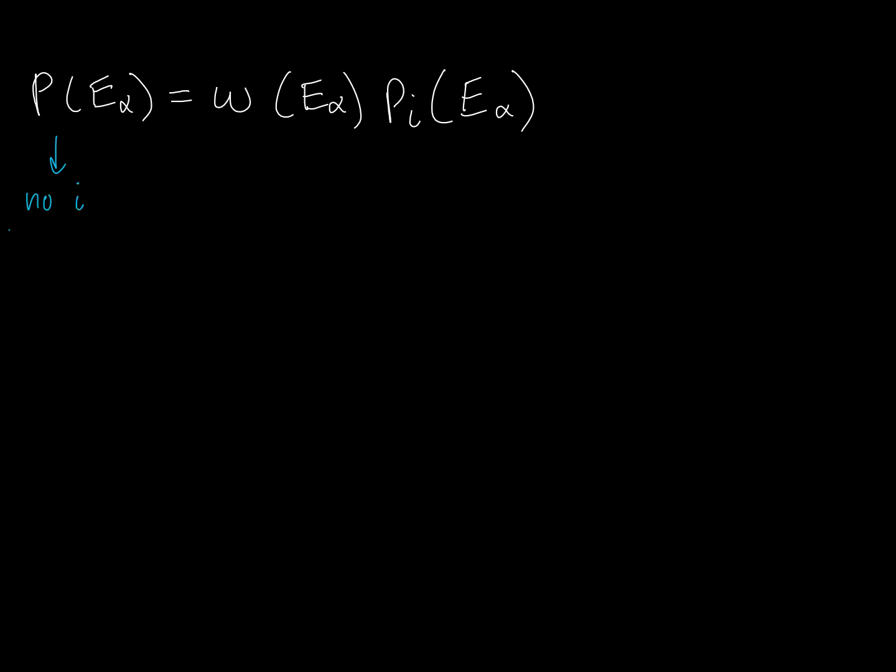We're talking about the probability of energy level E alpha. This is the degeneracy.